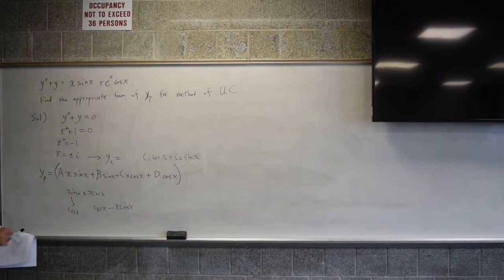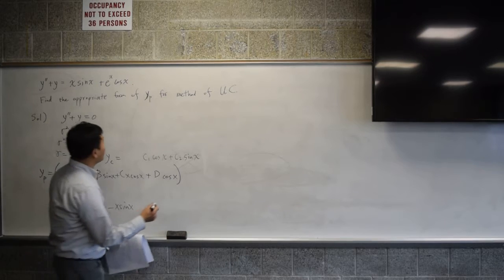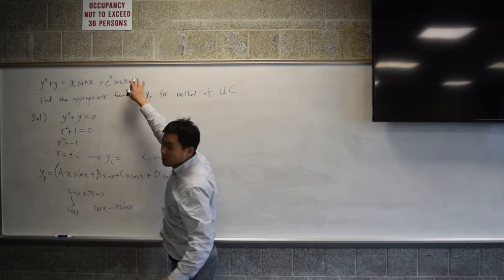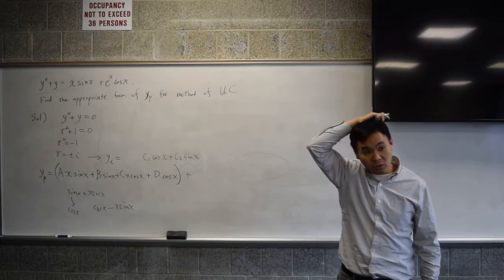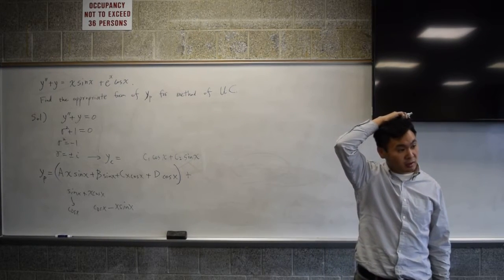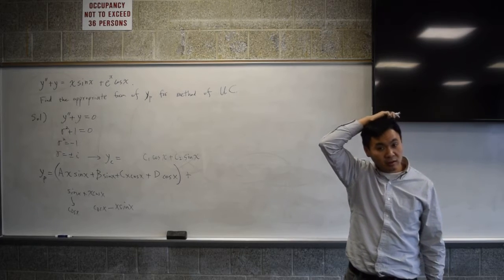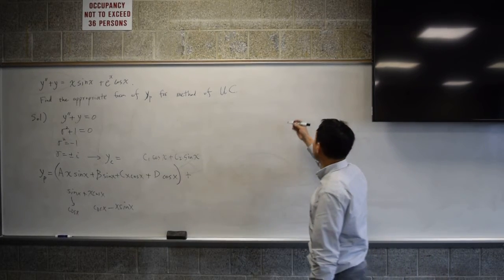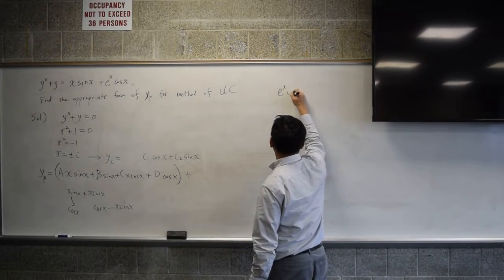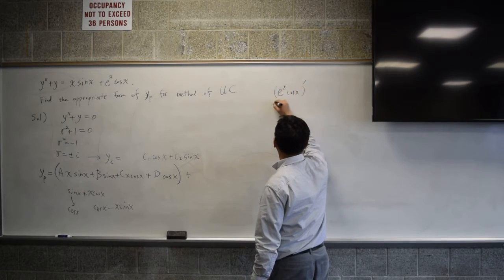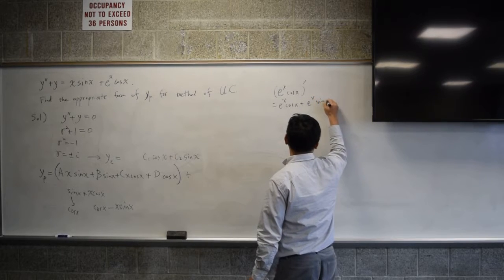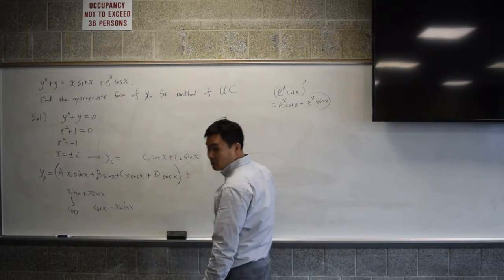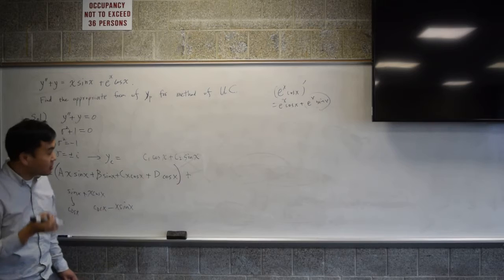Okay? Now, what about e to the x cosine x? If you differentiate e to the x cosine x, what other terms do you see? What do you get? e to the x sine x. You get this, right? That's the new one when you differentiate.